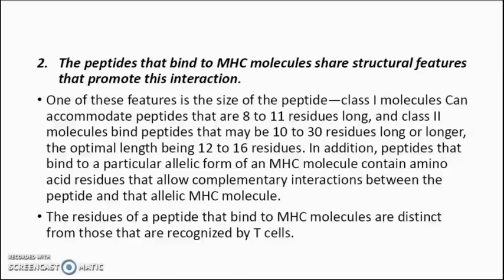In addition, peptides that bind to a particular allelic form of an MHC molecule contain amino acid residues that allow complementary interaction between the peptide and that allelic MHC molecule. The residues of a peptide that bind to the MHC molecule are distant from those that are recognized by T cells.